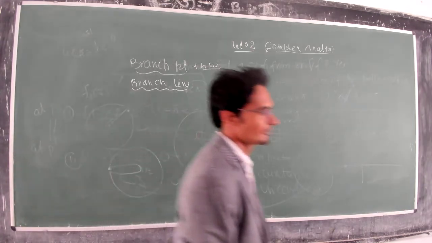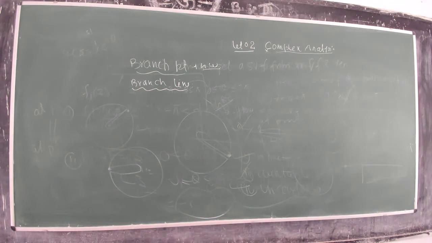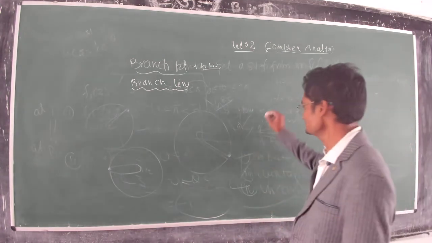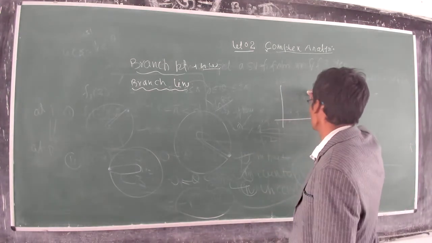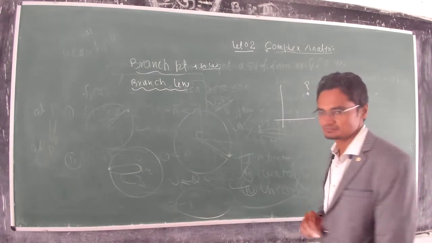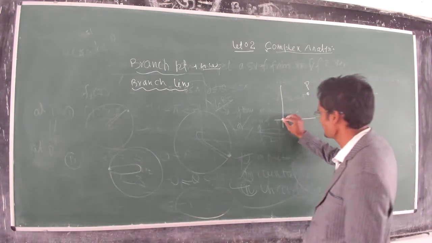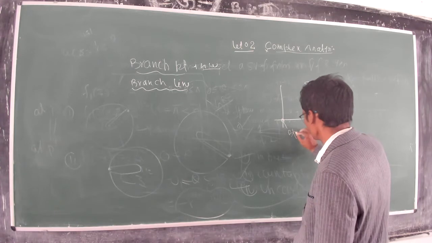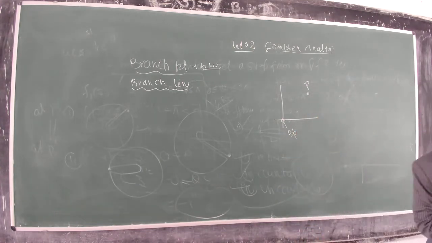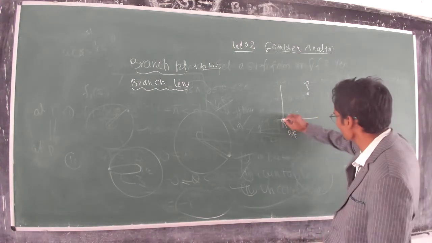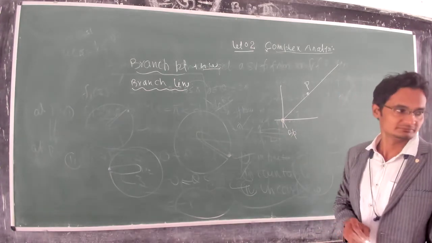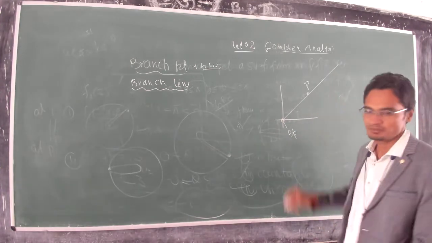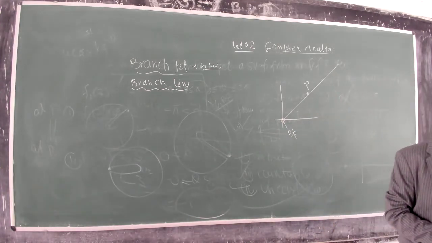Okay, so what is the branch line? I am telling. See, suppose this is a point P. This is our suppose branch point BP. So a line passing through the branch point, right?